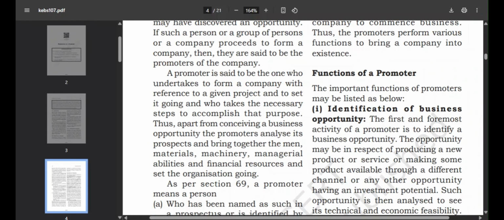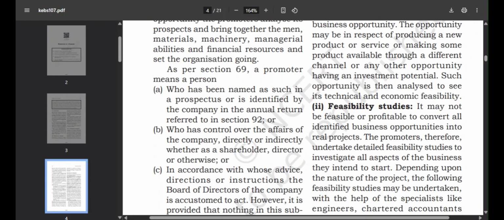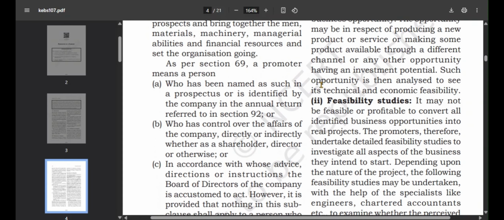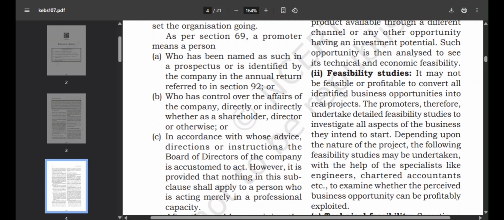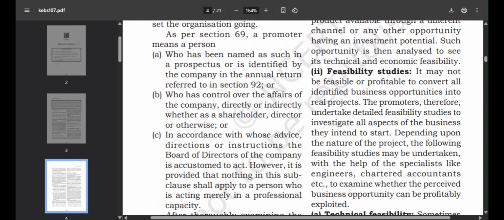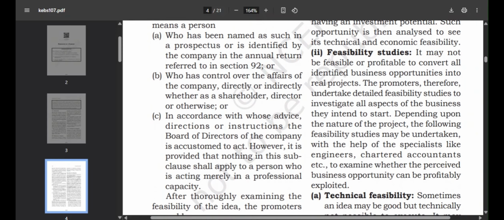So, as per section 69, a promoter means a person who has been named as such in a prospectus. So, he or she has to be named in the prospectus. He or she should have control over the affairs of the company. Lastly, in accordance with whose advice, directions, or instructions the board of directors of a company is accustomed to act.